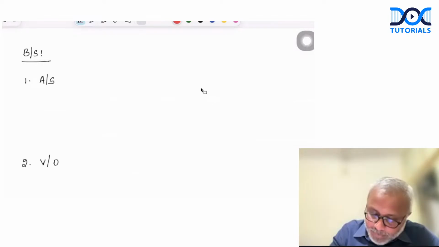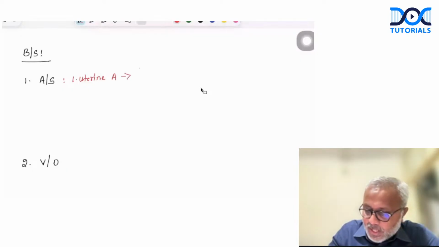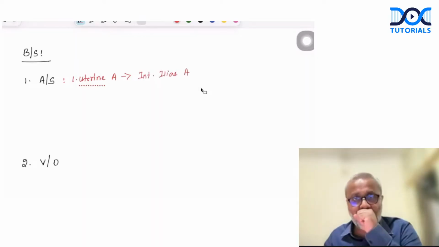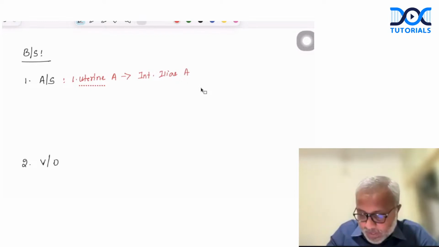Arterial supply, remember, is mainly from the uterine artery, which is a direct branch coming from the internal iliac artery. Anterior division to be more specific.